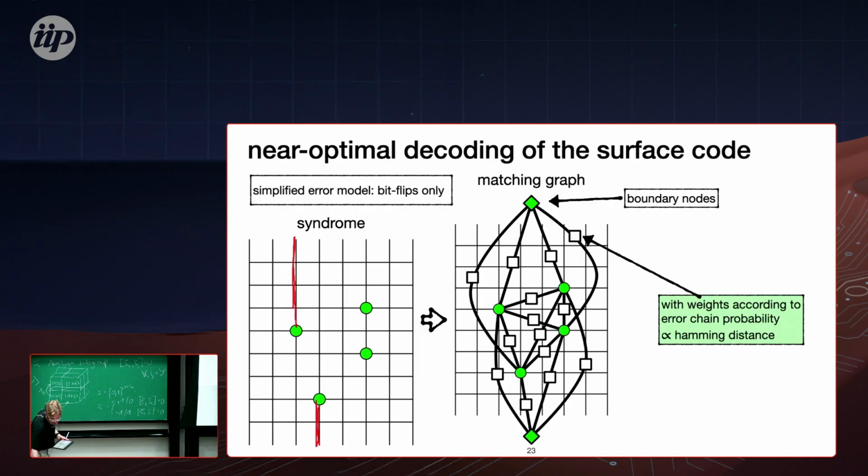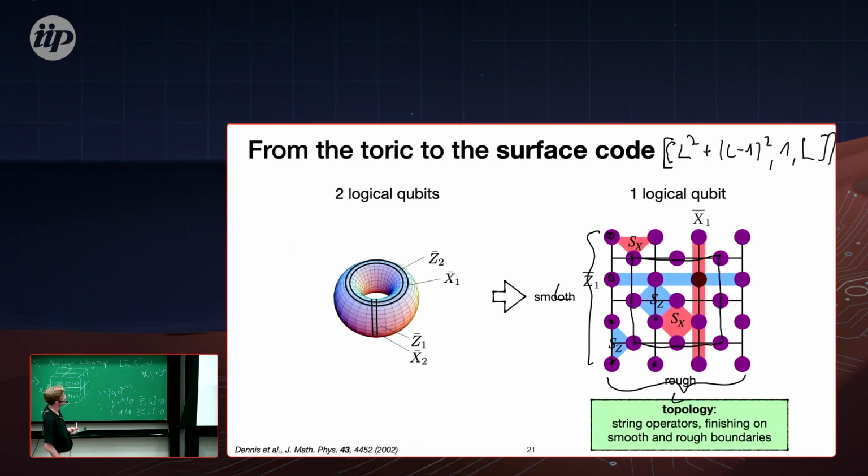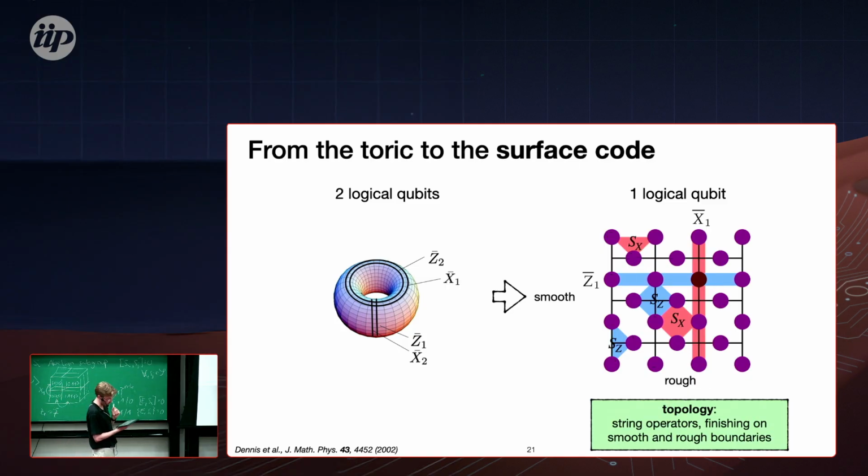So maybe I show an example on the actual surface code here. So here, if we had bit flips, then a bit flip in the bulk here will always give -1 for the 2 adjacent Z stabilizers.